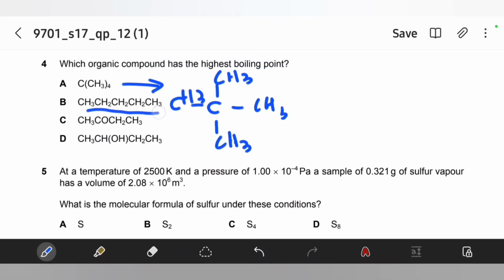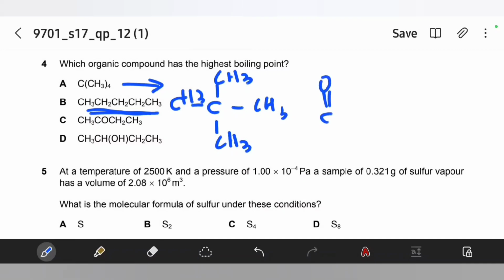This is also similar but it is in the linear form. So this in B, this halogen compound will have a higher boiling point than A, because the surface area of B is more than the surface area of A. In C, as you can see, it is a carbonyl compound with this bond.